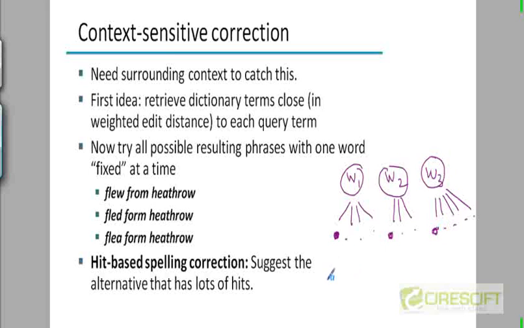That would be one possible spelling suggestion for the phrase as a whole. I could take the first spelling suggestion for W1, combine it with the second spelling suggestion for W2 and the fourth spelling suggestion for W3. That would be another spelling suggestion for the phrase as a whole. So that way you could try all possible combinations of spelling suggestions for the individual words and come up with a list of spelling suggestions for the phrase as a whole.